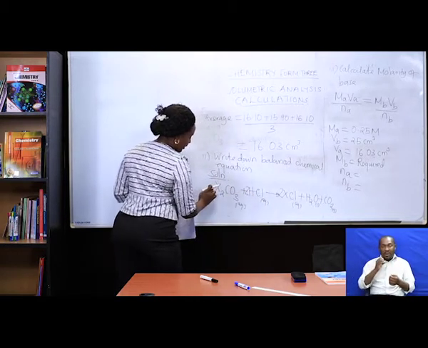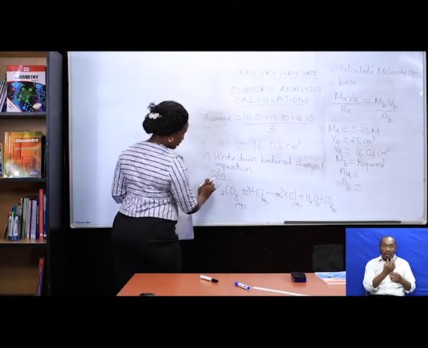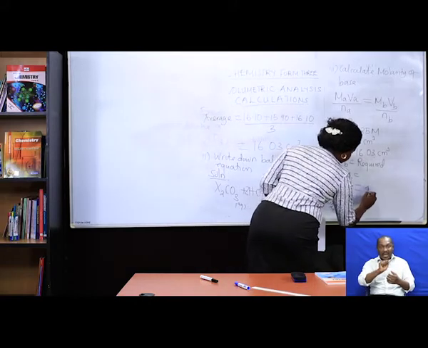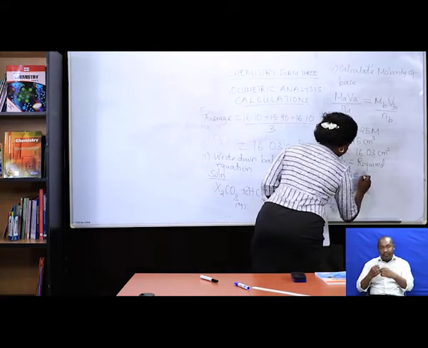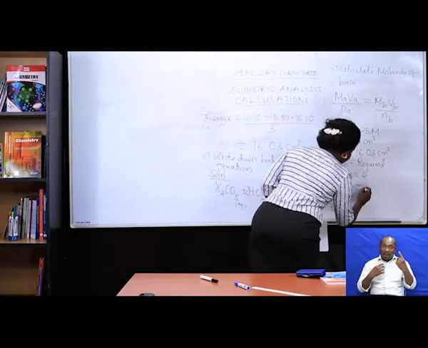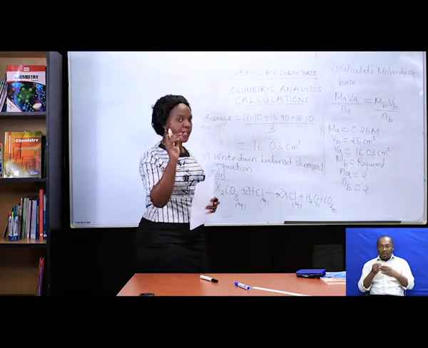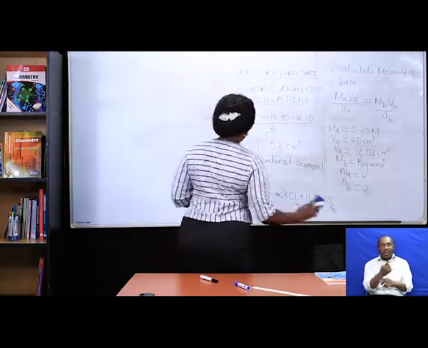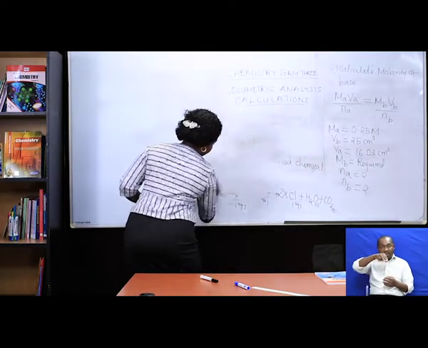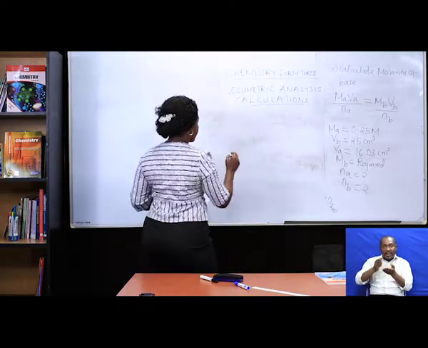So number of moles of base is 1, number of moles of acid is 2. 1 for base, 2 for acid. Now we have all the components except one, that is molarity of base. Make it the subject from the molar ratio formula.